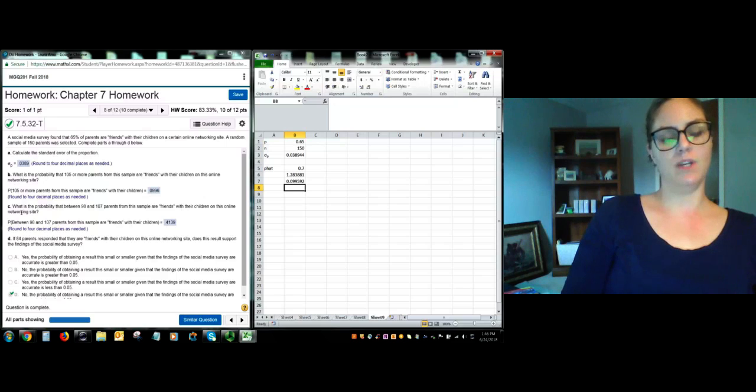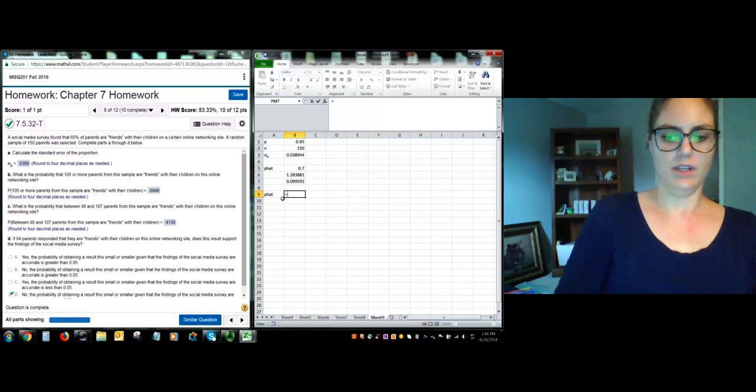What's the probability that between 98 and 107 parents from the sample are friends? So we're going to have to find two different p hats here. P hat 1 is going to be 98.